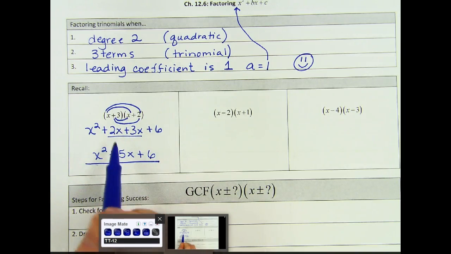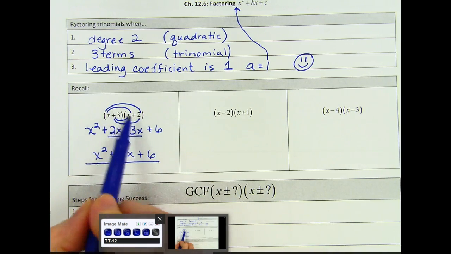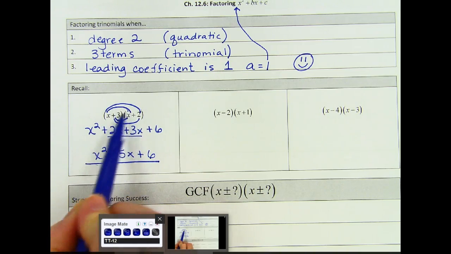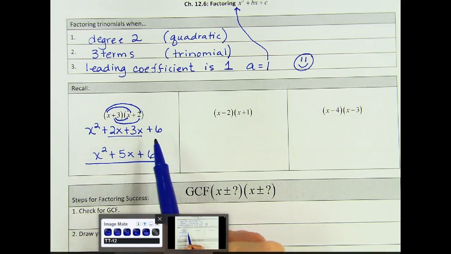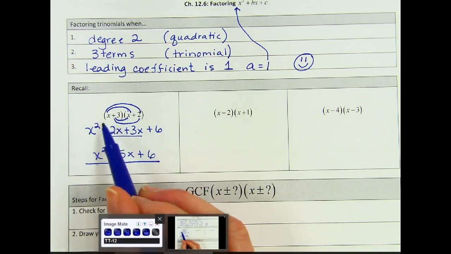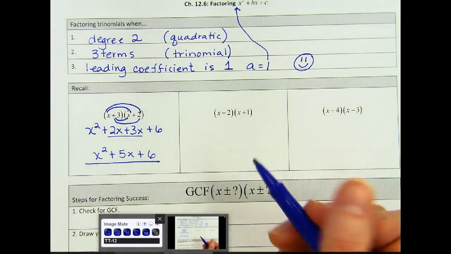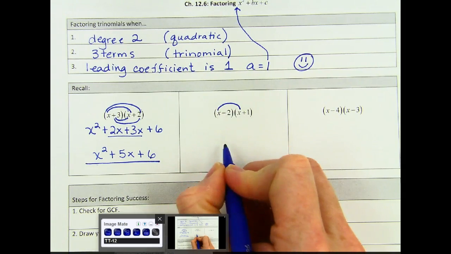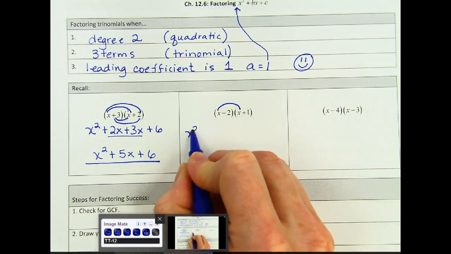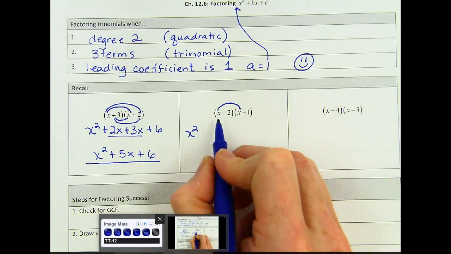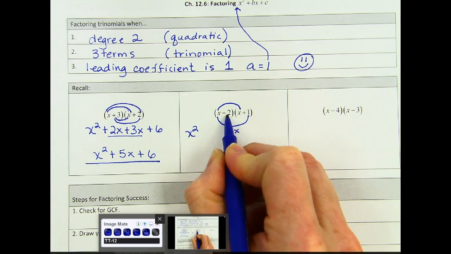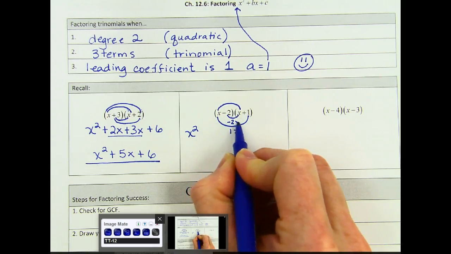Before we do anything else, I want to show you something with these loops. If you notice here, I did distribute 4 times. So 1, 2, 3, 4. But this next time, I'm going to do the same 4 processes, but I'm going to draw the loops different. See if you notice anything. I'm going to go first. I'm going to say x squared. Except now when I do outer, I'm going to do outer for 1x, and I'm going to do inner for negative 2x.